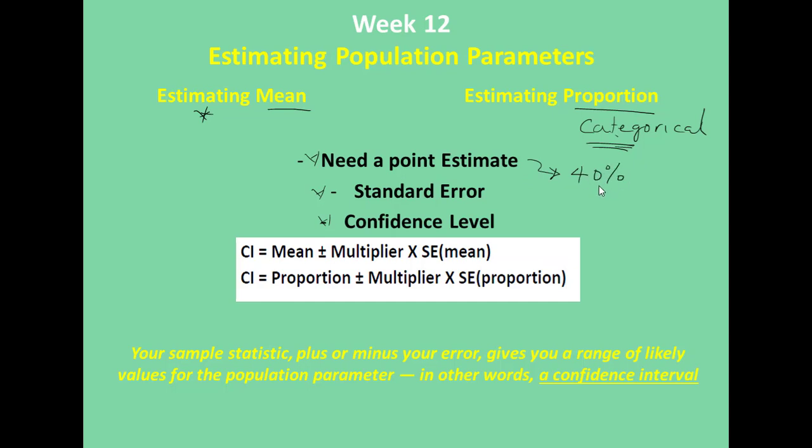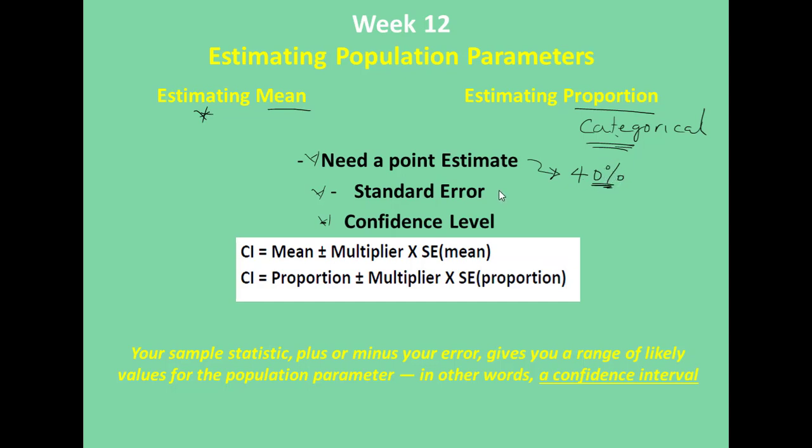This 40% represents a point estimate and is taken from your sample. In order to infer this 40% to the population and say 40% of this population drink alcohol, you need to construct a confidence interval. The confidence interval gives you the estimate of the population parameter using the point estimate.